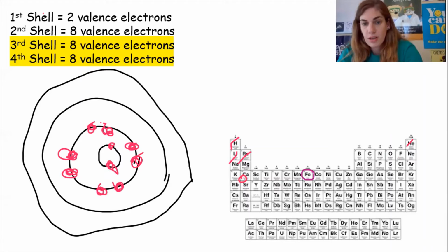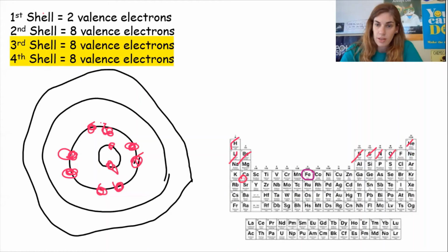So I filled those in, 3, 4, let me use my mouse, 5, 6, 7, and 8. What's interesting is I already have 10 electrons filled out, and if you look, I've gone up to element 10. So it kind of follows the same order on the periodic table.